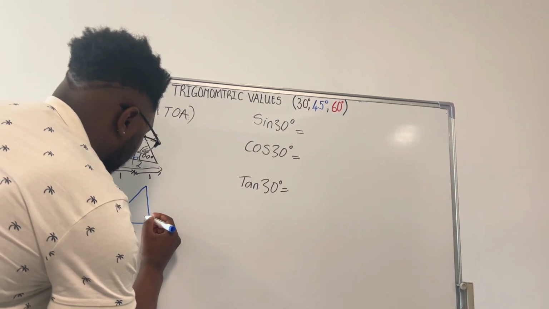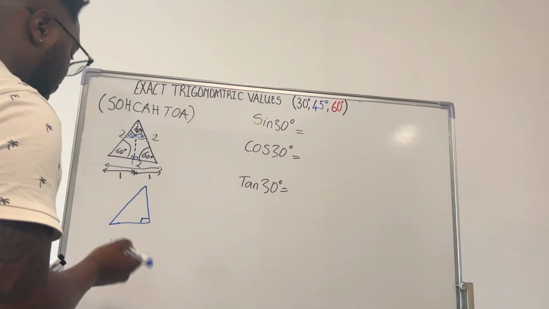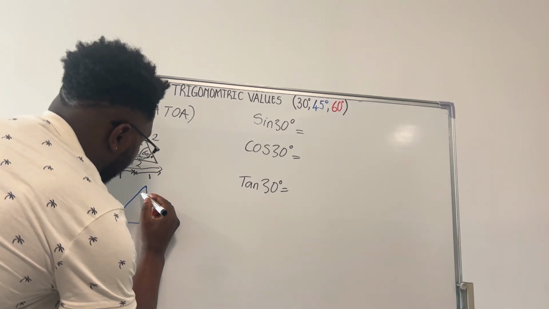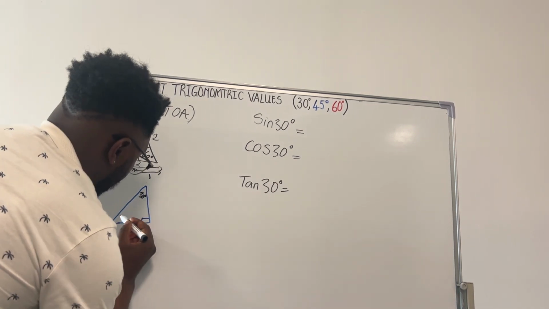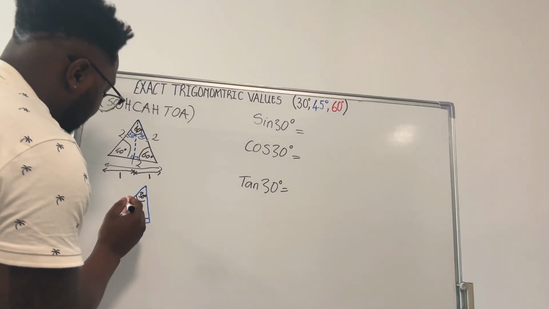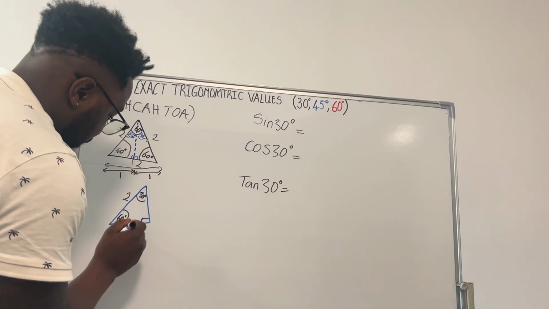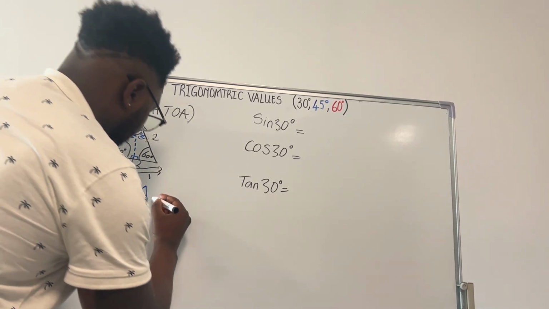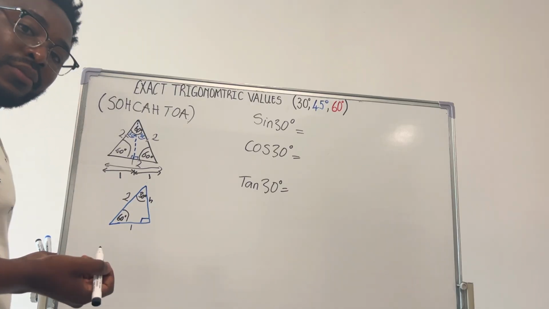And we have our 90 over there, right? And we have our 30 degrees and our 60 degrees over there, right? And remember, this is a unit of 2 and this is a unit of 1. And this right here is our height, which we don't know, right?